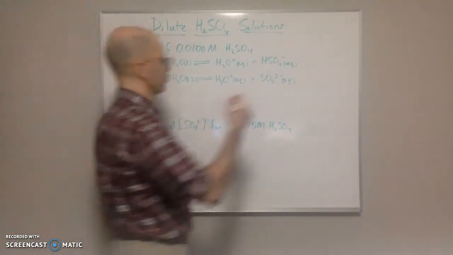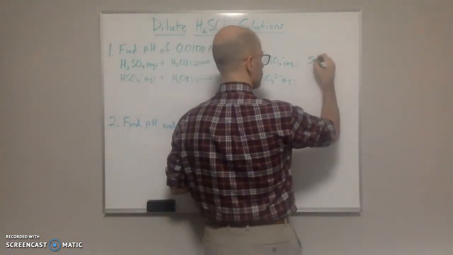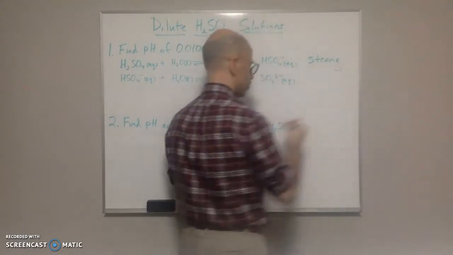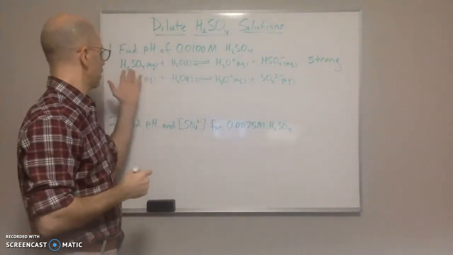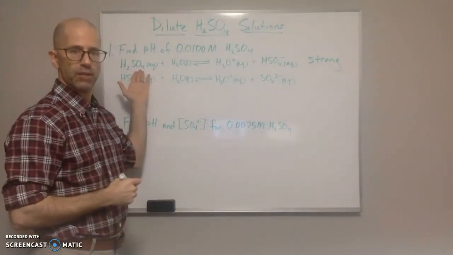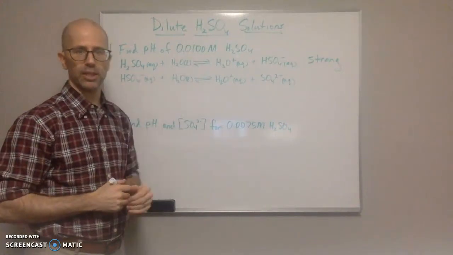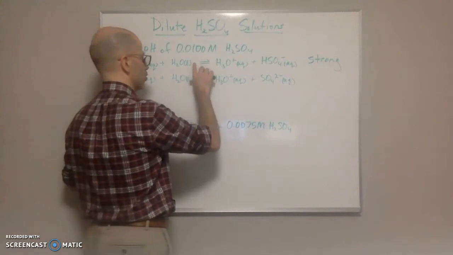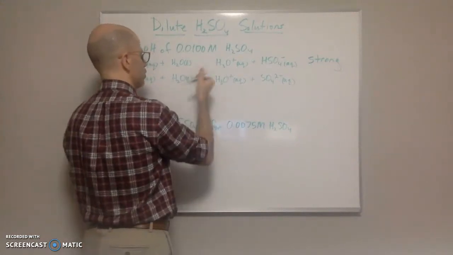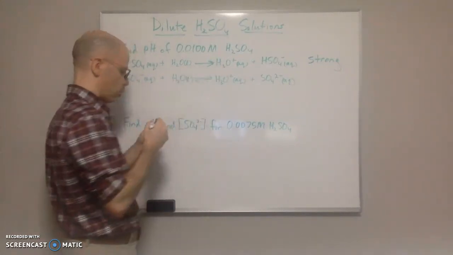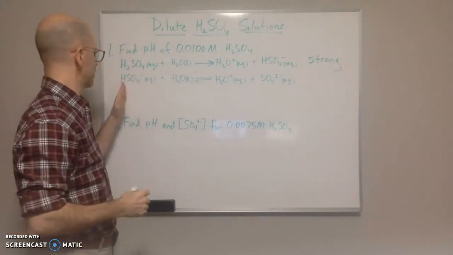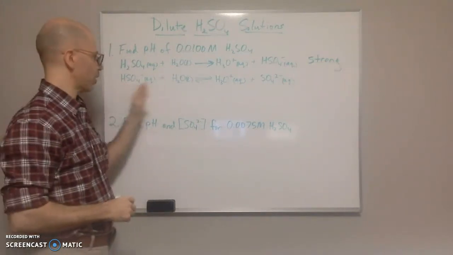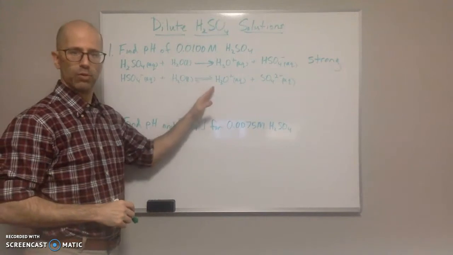This is a strong reaction, which means that 100% of the first proton comes completely off. It is one directional, so it goes in one direction. And then the second proton comes off fairly well, but it's more of an equilibrium.